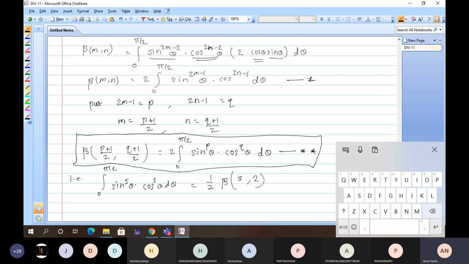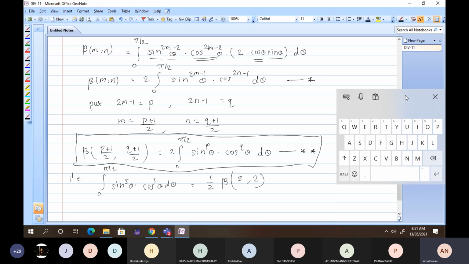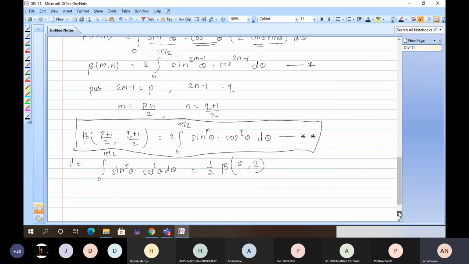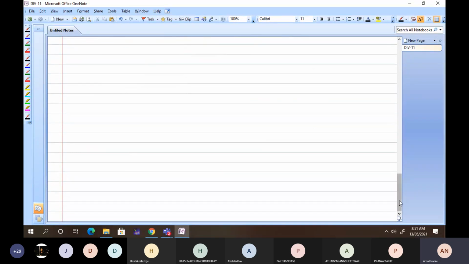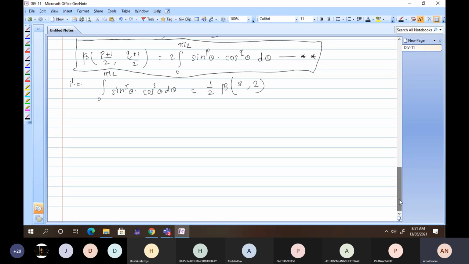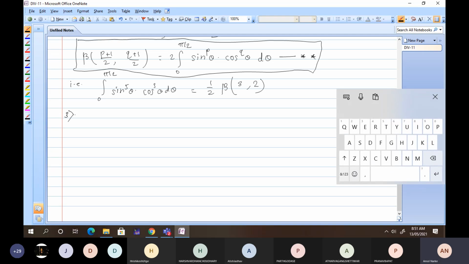Okay. So now we have the third and last definition, which is also somewhat easy. Remark number 3, definition 3. What they say is that you can also define beta of m comma n equal to the integration from 0 to infinity.